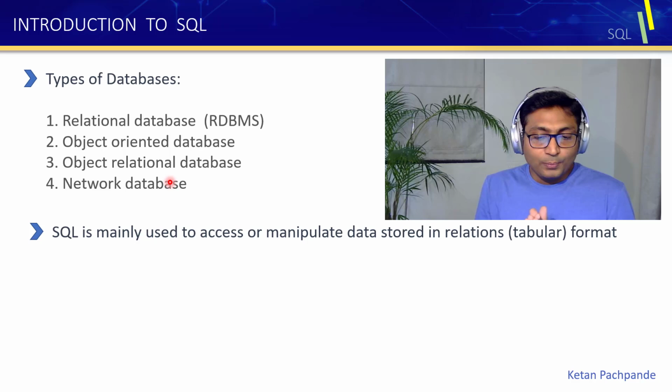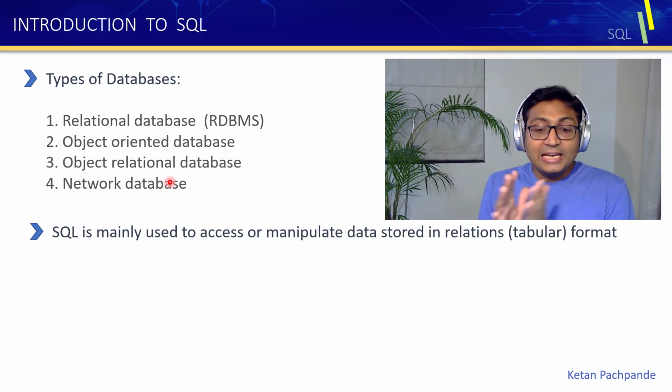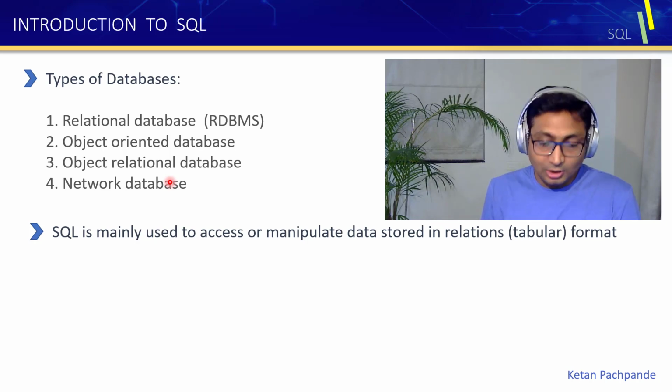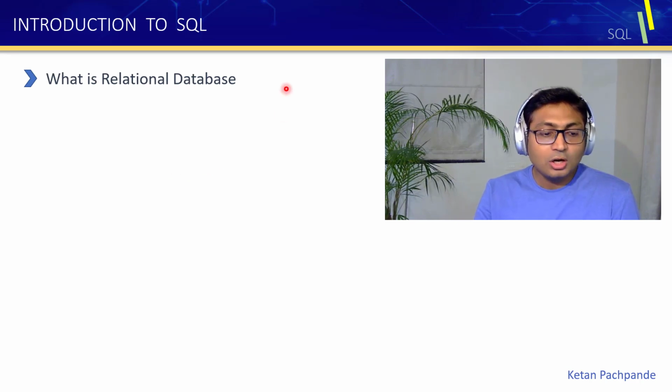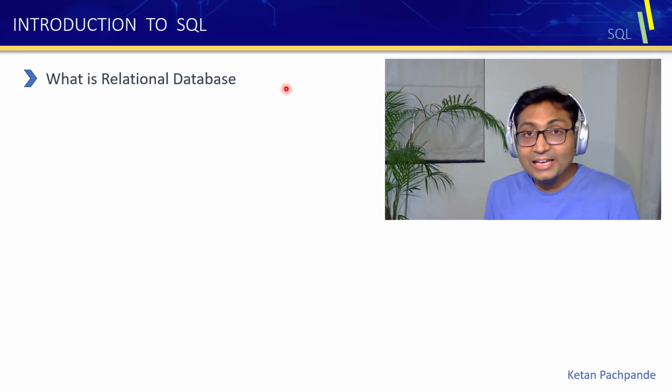As I said, SQL is primarily used for accessing or manipulating the data in relational or tabular format. So now let me talk about the meaning of the relational database.